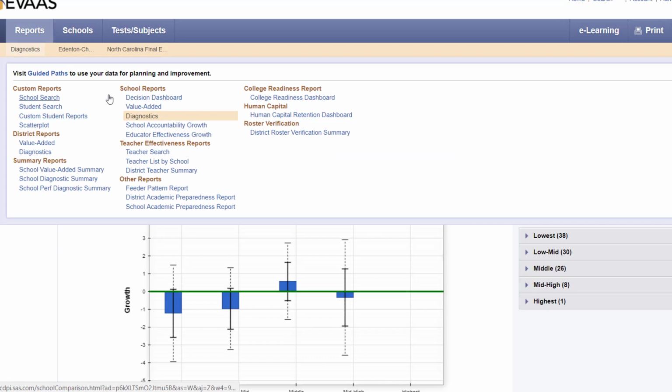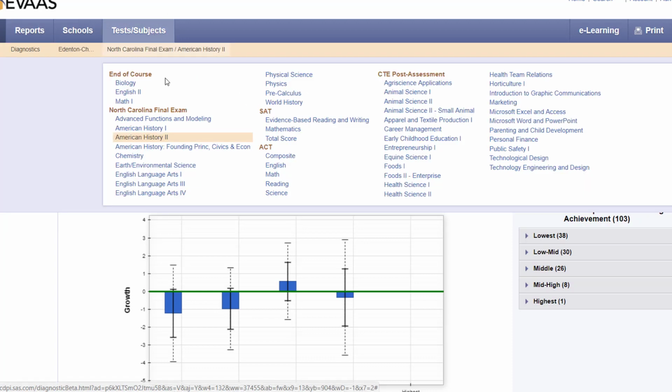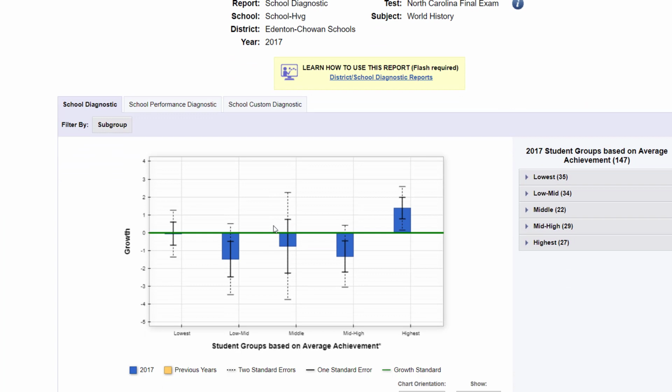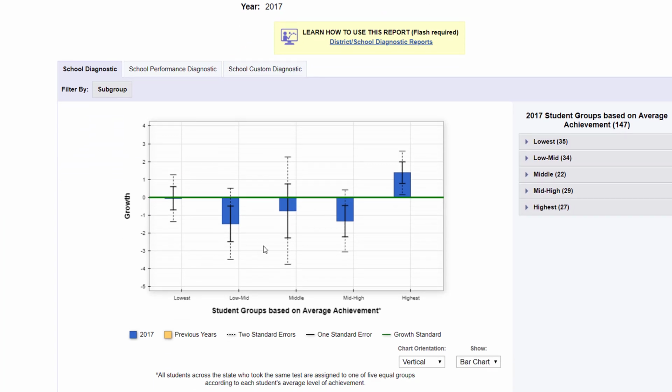So that started getting us to question things like, well, why are our highest performing students doing well in history, and why are our lowest performing students not doing well? And the answer was that our history NCFE tests are all reading. They're primary documents, they're informational reading, and it's reading at a very high level. So our students that are in these courses are at all reading levels.